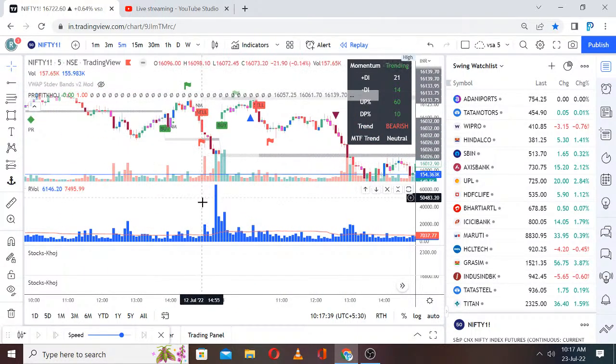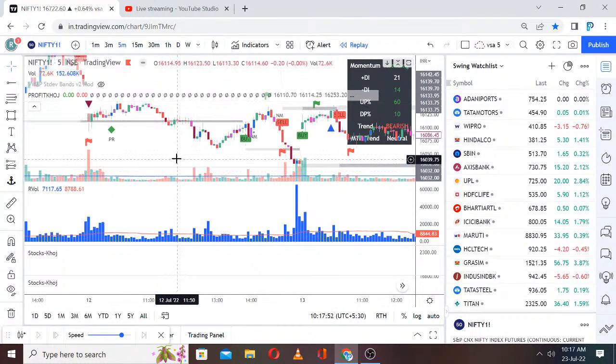Now this breakout volume is very high. You see here, relatively high volume on this breakout, so it reversed a little bit. The break test confirmation is low volume.